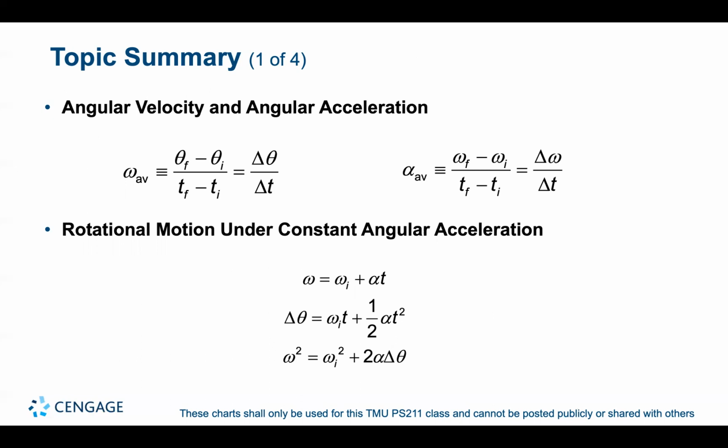Rotational motion under constant angular acceleration: if an object undergoes rotational motion about a fixed axis under a constant angular acceleration, its motion can be described with the set of equations shown. Problems are solved as in one-dimensional kinematics.